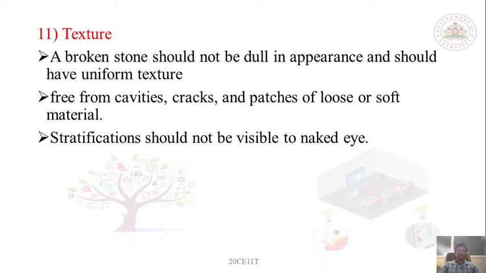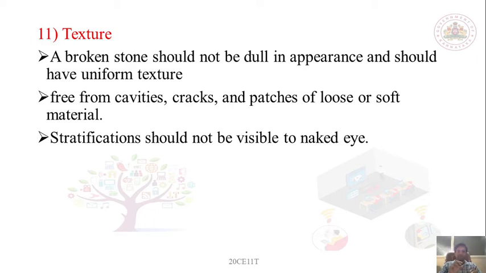Then the next one is texture. A broken stone should not be dull in appearance and should have a uniform texture. Uniform texture means the arrangement of the particles should be uniform.